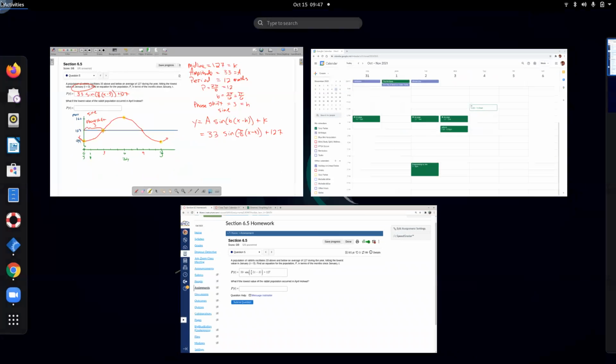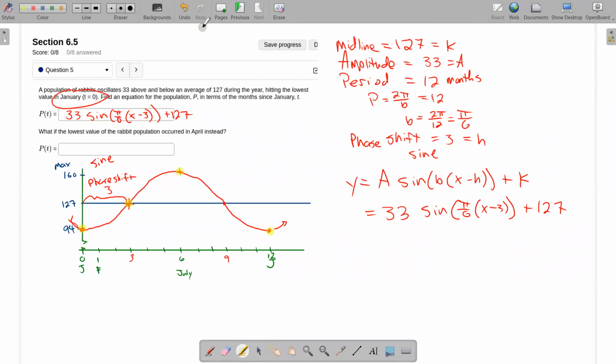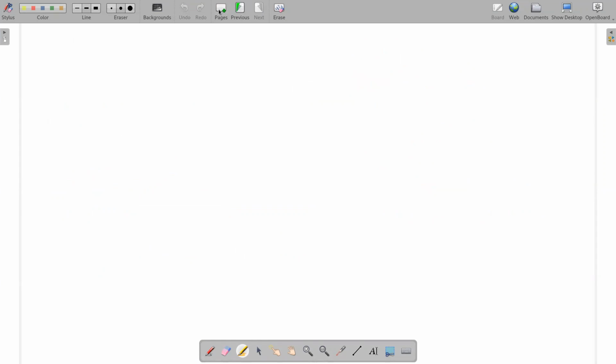So we're going to draw that. Some days I can just look at it and go, oh, yeah, just do this. But mostly I've got to draw it again and rethink it. Okay, so what do we know now? We still have the same information. So we still have our midline. Let's use a different color. Midline is 127.